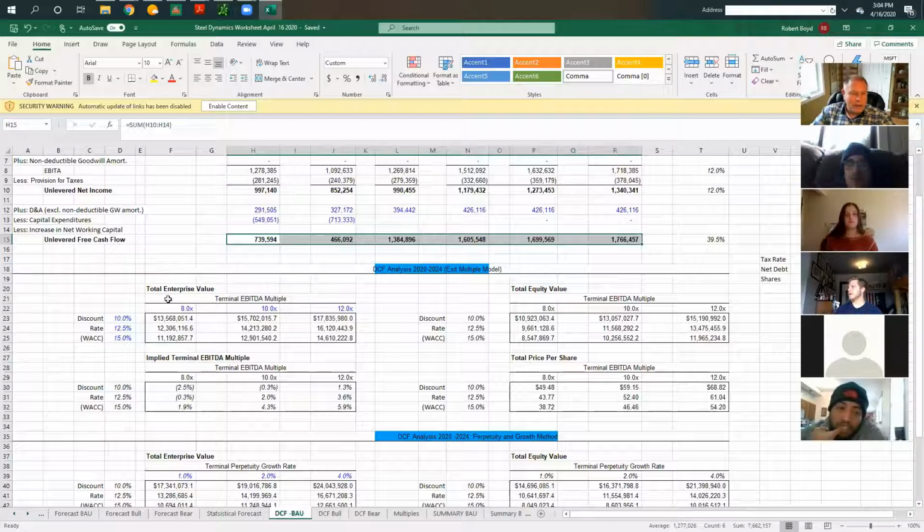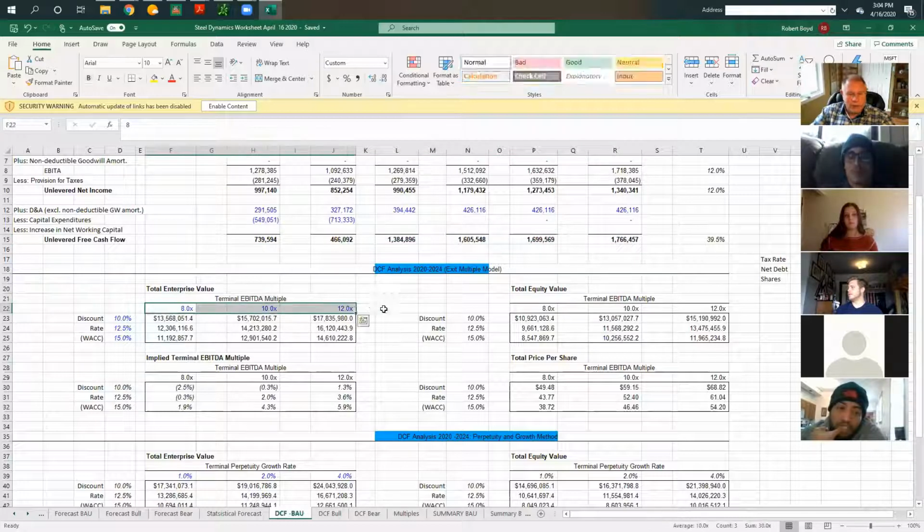And in only the light blue here, all you have to do is decide what am I going to sell my investment for after the 5 years? So I made an assumption, 8, 10, 12. You can make your own assumption. I also said you've got to discount it by something.